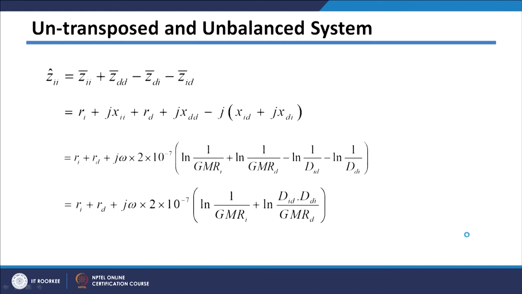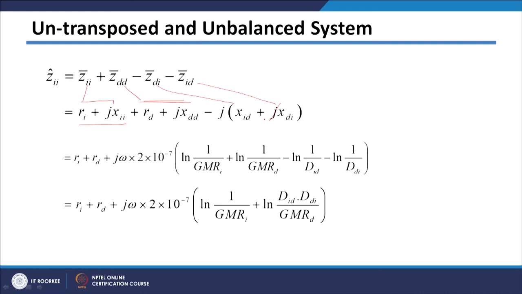Now, let us expand this first term Zii cap. As I explained, this is your Zii with 2 terms, these are 2 terms related to Zdd, this is the term related to Zdi, and this is related to Zid, this j will not be there.